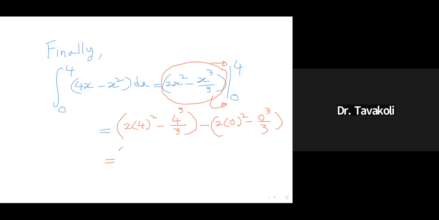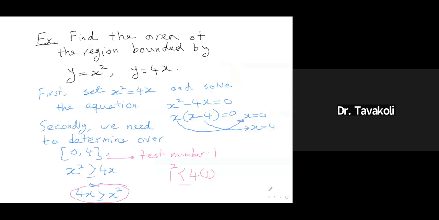If you simplify this correctly at the end, you will get 32 over 3. So the answer to this question that we had here is 32 over 3.